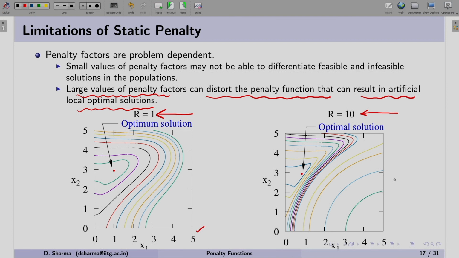Now, we can imagine a situation when we have many constraints, and those constraints are added with the penalty parameters, and when we take a large value, the penalty function method will distort. So, the contours represent the distortion in the penalty function method, and therefore, if we take a small value, we cannot differentiate the feasible and infeasible.